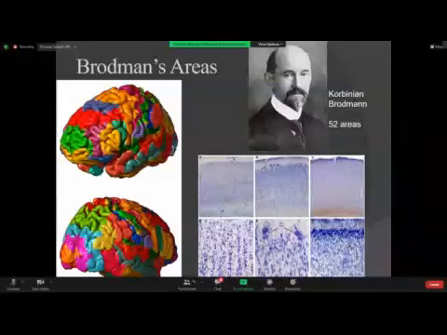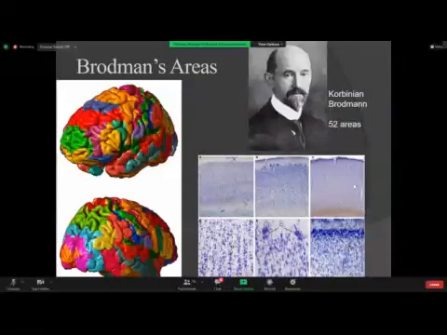So if we were to talk about something like a Wernicke's area or a Broca's area, this fellow, even though he didn't know what he was looking at, even though he didn't know the function of that, still was able to identify that region, and that region turned out to be playing a specific role. So his prediction of 52 separate areas turned out to be correct.